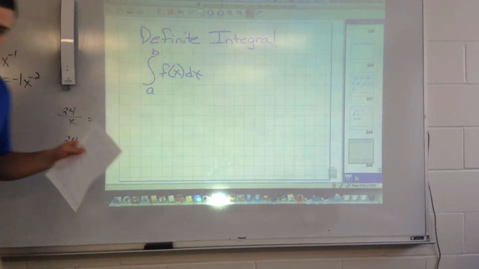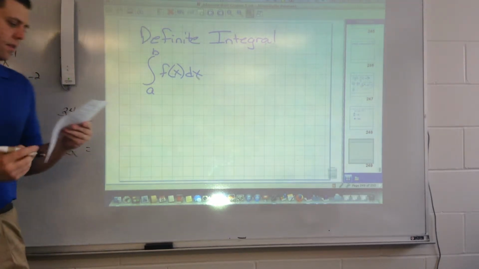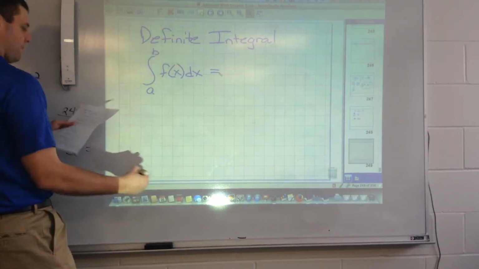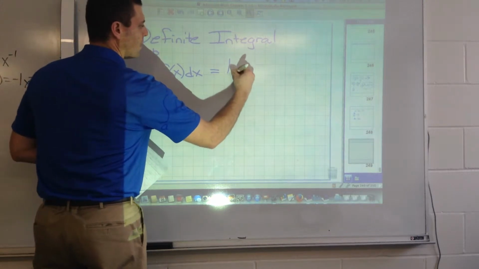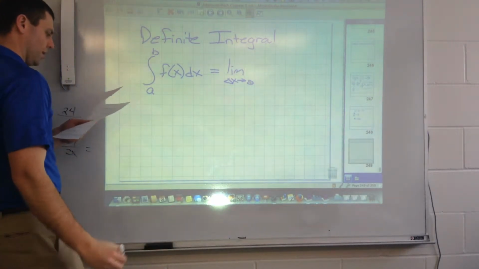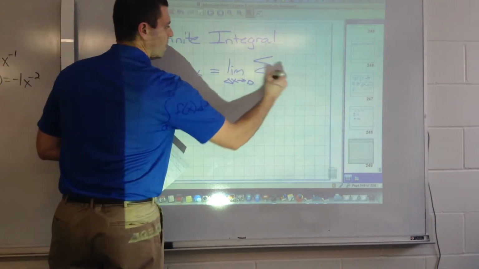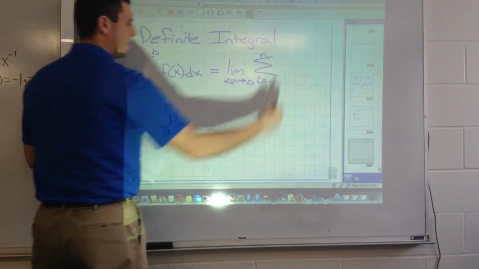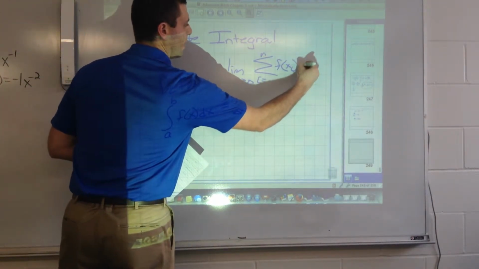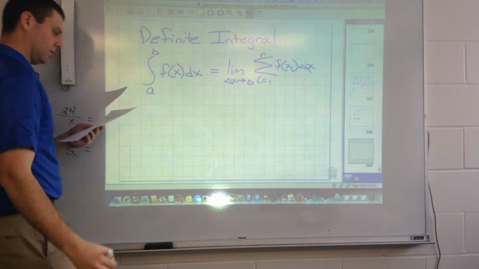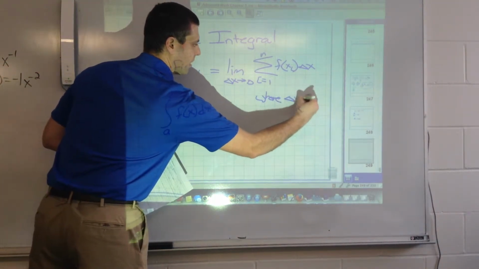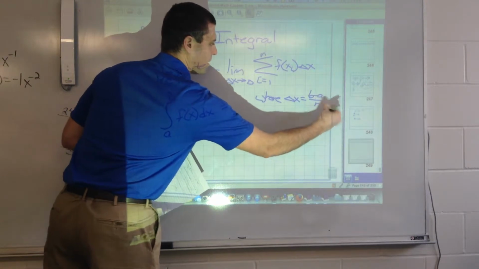The definite integral will be the limit as delta x approaches 0, and this will look really familiar, of the sum as i goes from 1 to n of f of x of i delta x, again, where delta x equals b minus a over n.